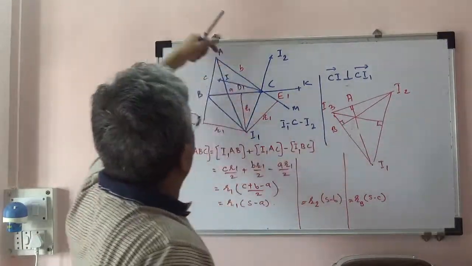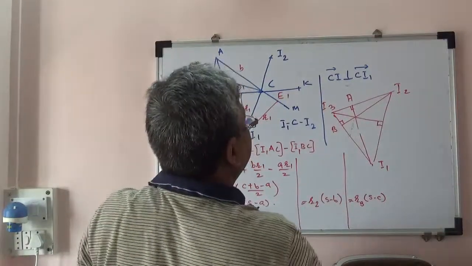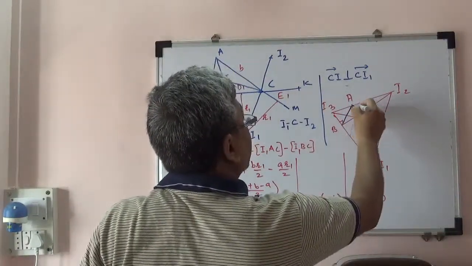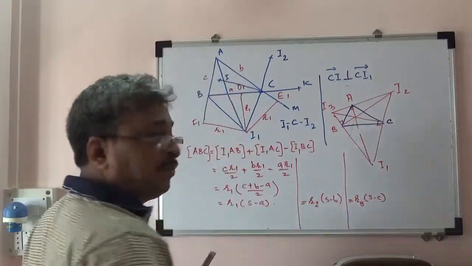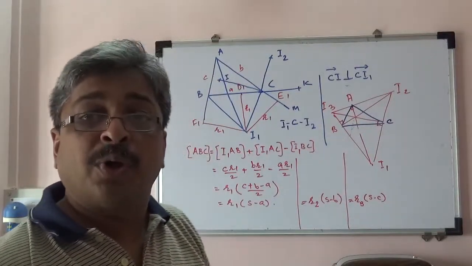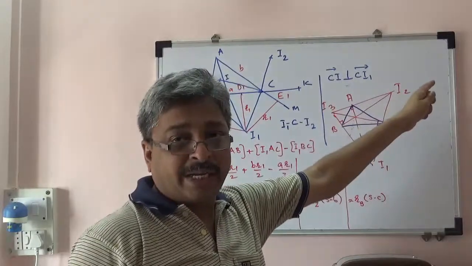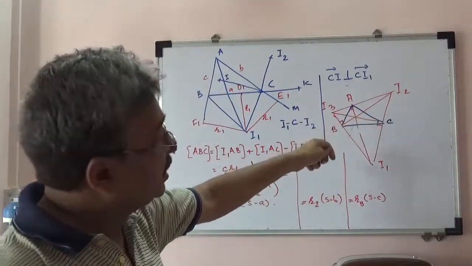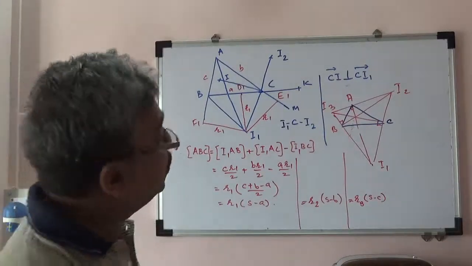And AI1, which was the angle bisector of triangle ABC, happens to be, if we look at it, I1A, the altitude of triangle I1, I2, I3. Similarly, BI2 was the angle bisector of angle B of triangle ABC, and happens to be I2B, which is the foot of the perpendicular, so an altitude.